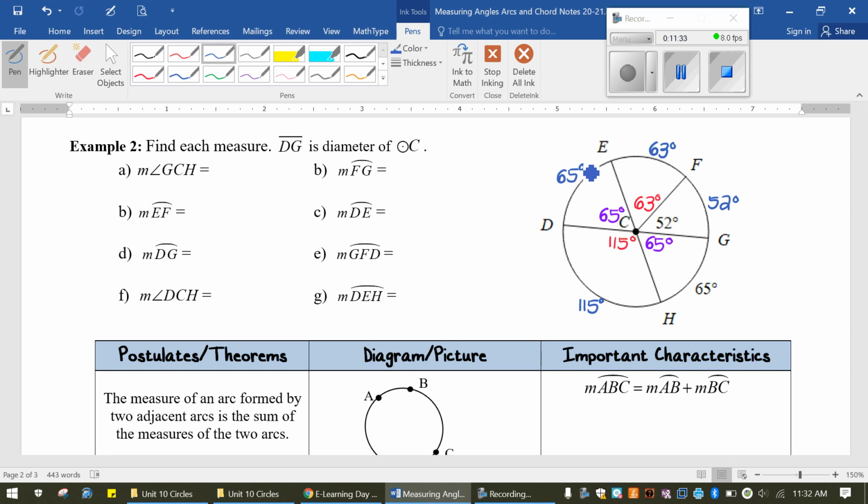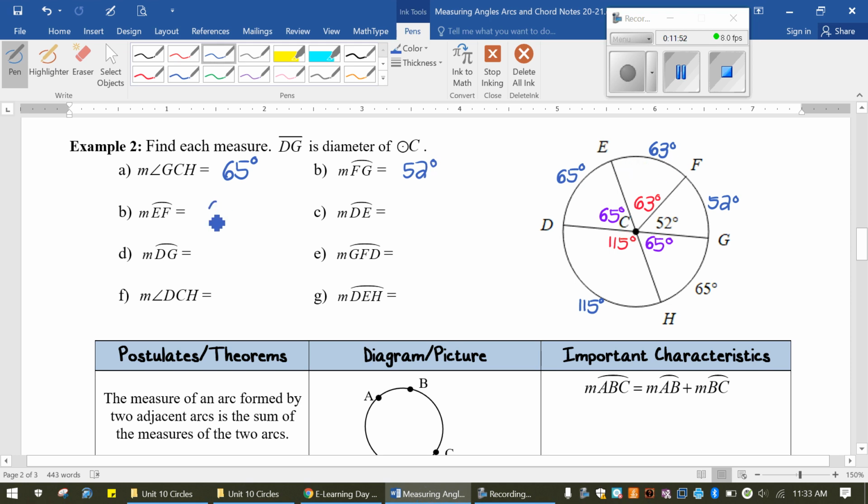So the first one, the measure of angle GCH. So GCH, that's 65 degrees. The measure of arc FC, 52 degrees. The measure of arc EF, 63 degrees. Measure of arc DE, 65 degrees.